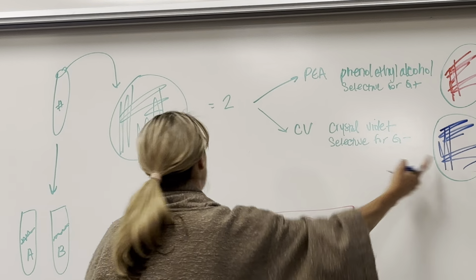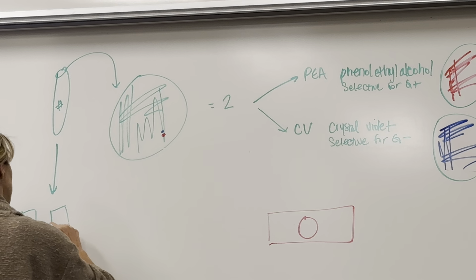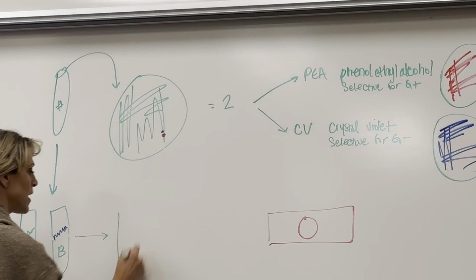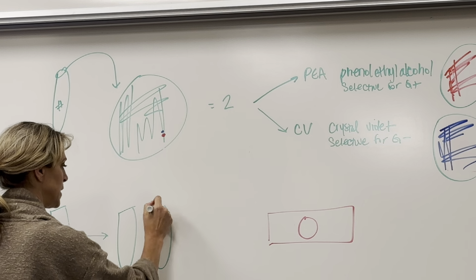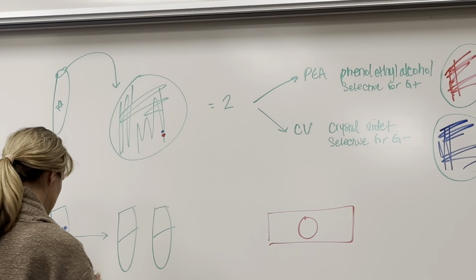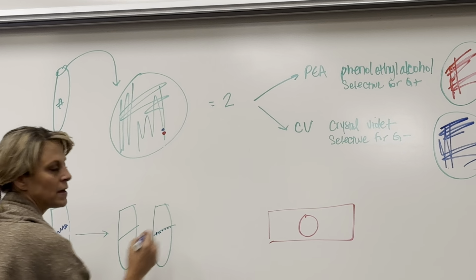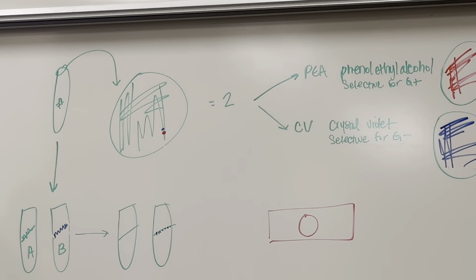So if you put this on your slant, it'll be purple today. And even on Thursday, if you take this and inoculate a new A and a new B, this might still on Thursday be just like light crystal violet color. So it might still be hard to gram stain that.